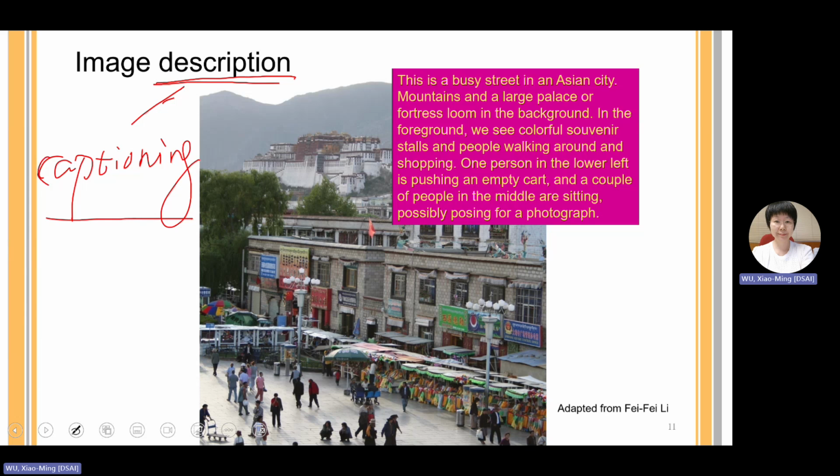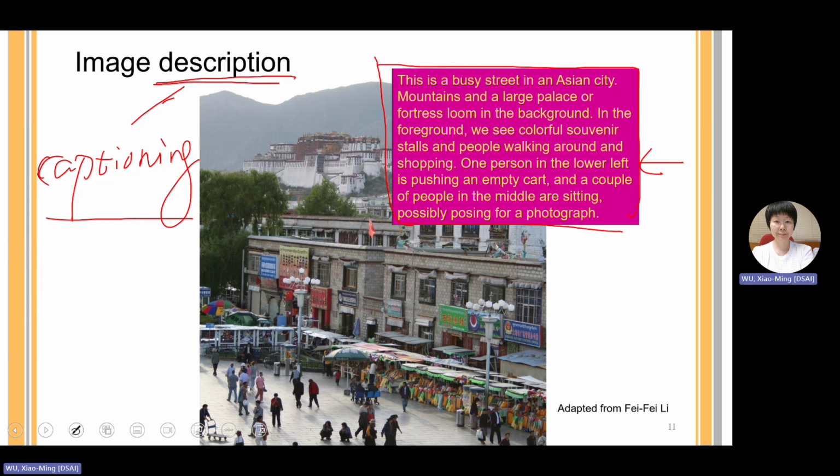Well, image captioning refers to the generation of a brief description about the image. As you can see, we have a long, pretty detailed description about this image, and this task is called image description.